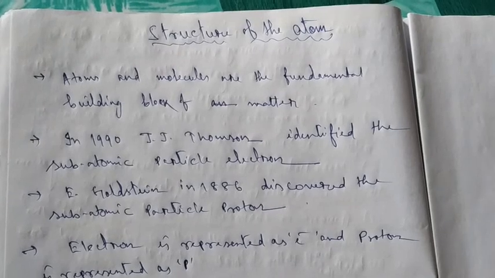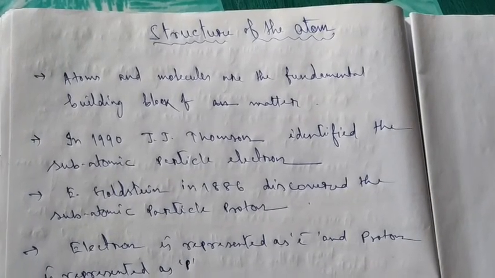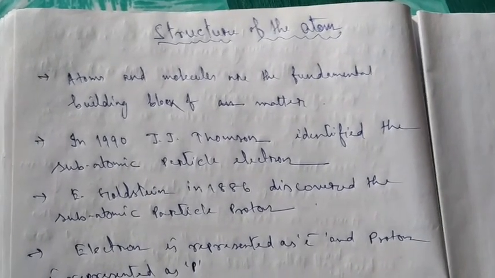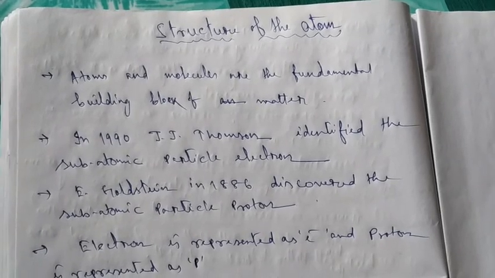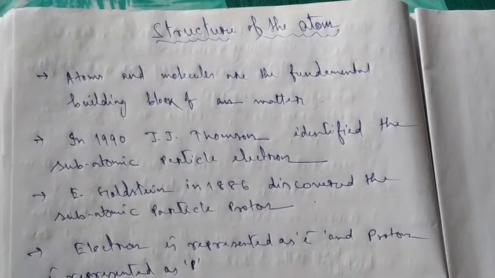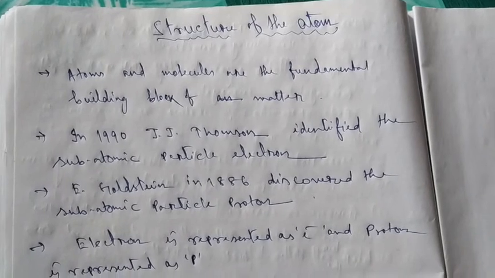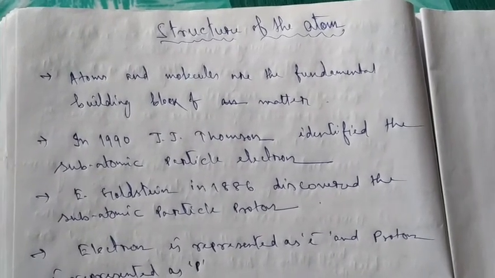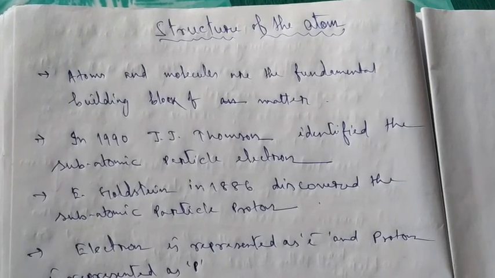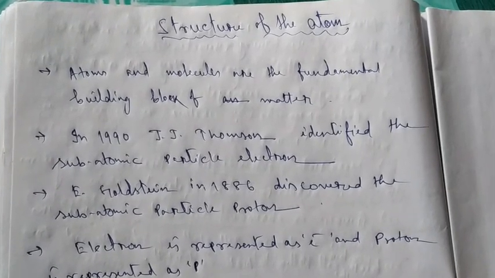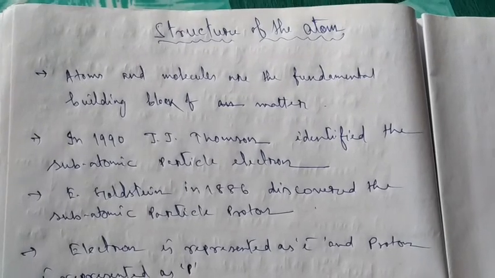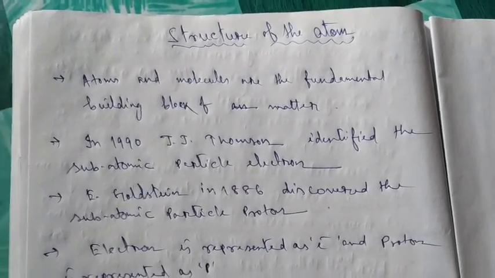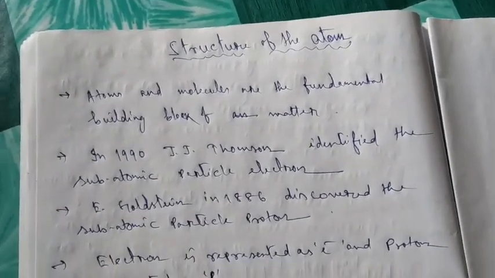If we break matter down and the breakdown continues, the last form we will reach is the atomic form, right? And molecules, you know that when two or more atoms combine together they form a molecule. So the atoms and molecules are the fundamental or the basic block of matter.